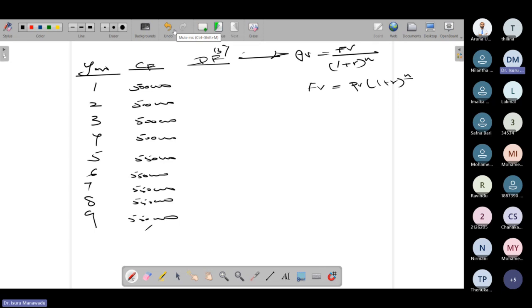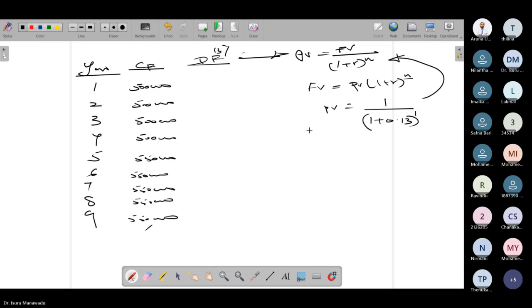Future value equals present value times 1 plus r power of n. From the same equation, we can derive the present value equation. Let's say you will be getting 1 rupee at the end of year 1. 1 rupee is the future value, and we need to calculate the present value. So I wrote 1 as the future value here. 1 plus r, where r is 13%.